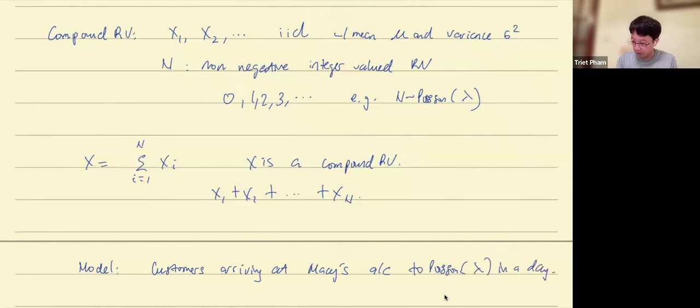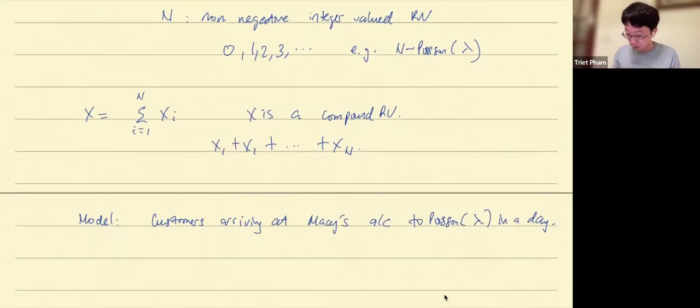And then you can have each customer spending a random amount, which is true. Customers don't spend the same amount. So let's say each customer spends a uniform random variable, 0 to let's say $1,000, at Macy's during the visit.